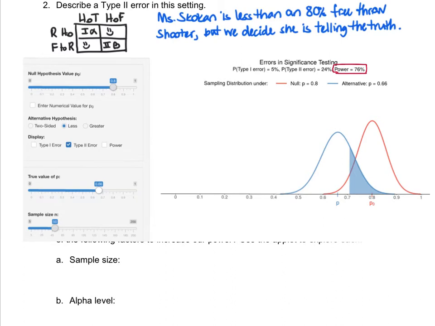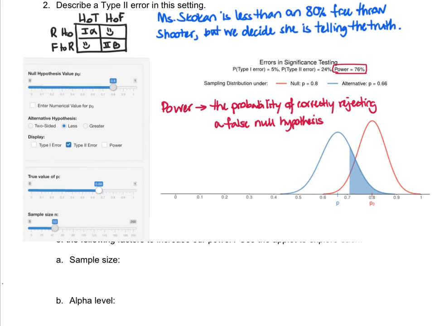But I do want you to notice that if the null hypothesis is false, what would be the probability of a good decision here? So this power idea, power is the probability of correctly rejecting. And this is the probability that's indicated with the happy face in the upper right-hand quadrant of the box that we drew. Let's go back to our notes now.